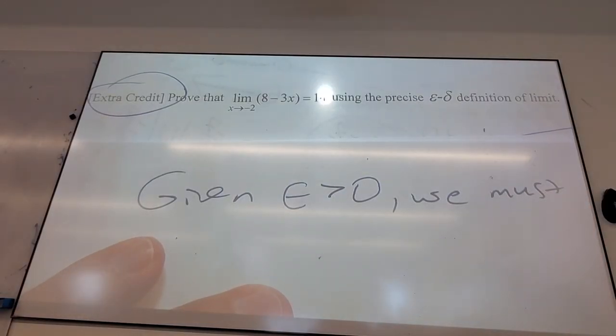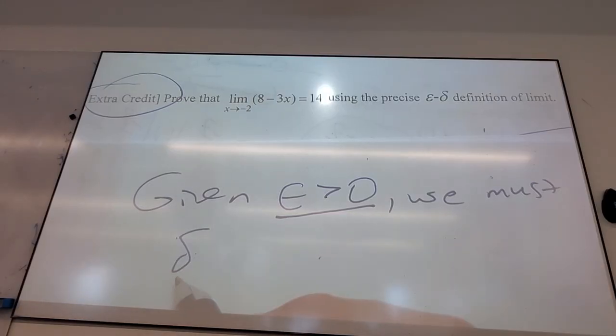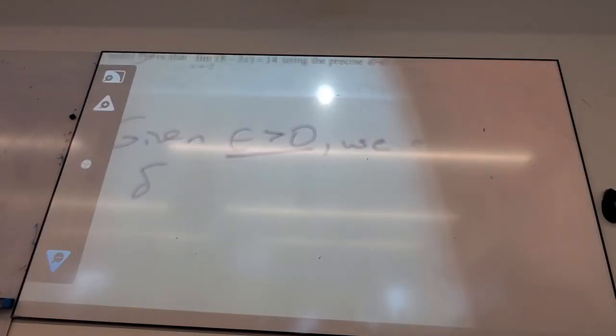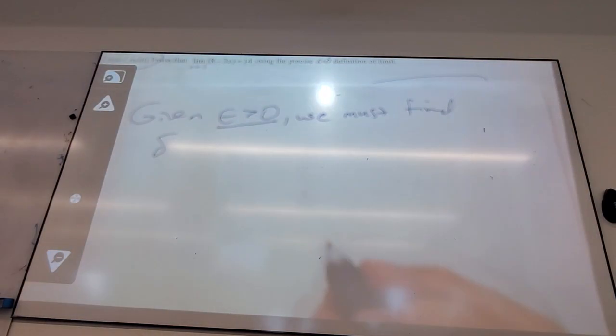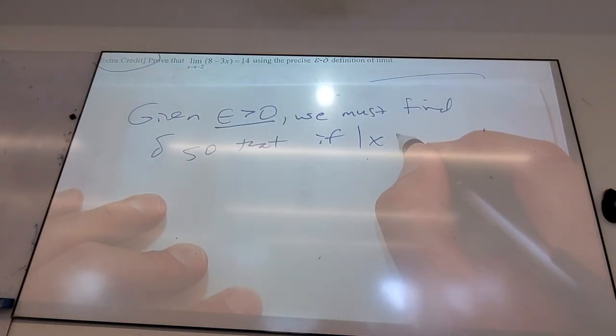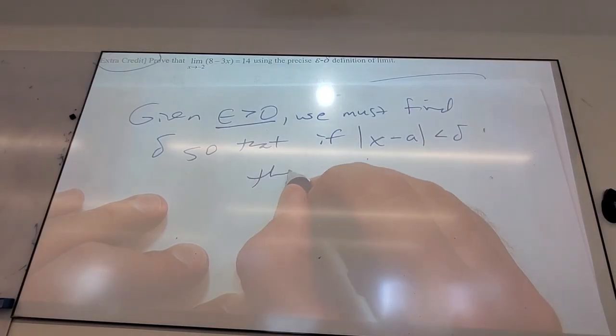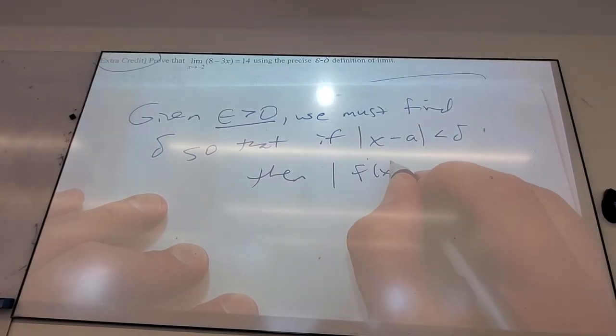So the challenge is, if somebody gives this to me, I need to find a delta so that if we are close enough to the input, then we'll be close enough to the output.